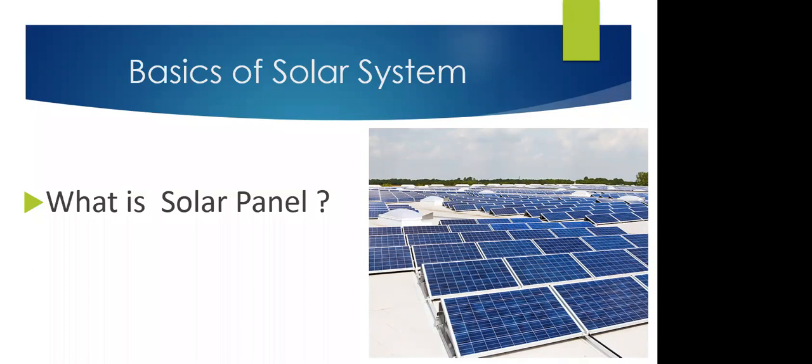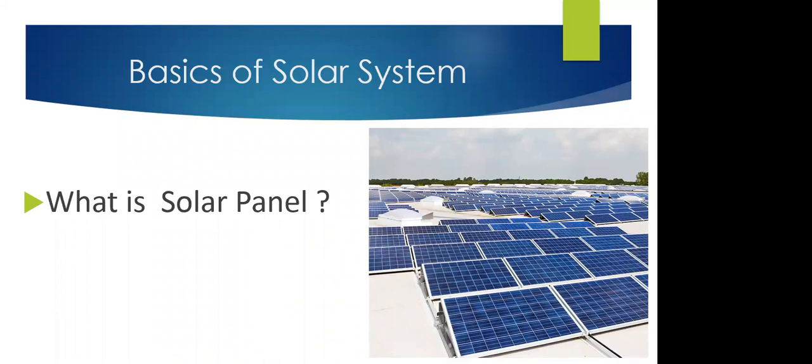The term solar panel is used for a photovoltaic module. A PV module is an assembly of photovoltaic cells mounted in a framework for installation. Photovoltaic cells use sunlight as a source of energy and generate direct current electricity.